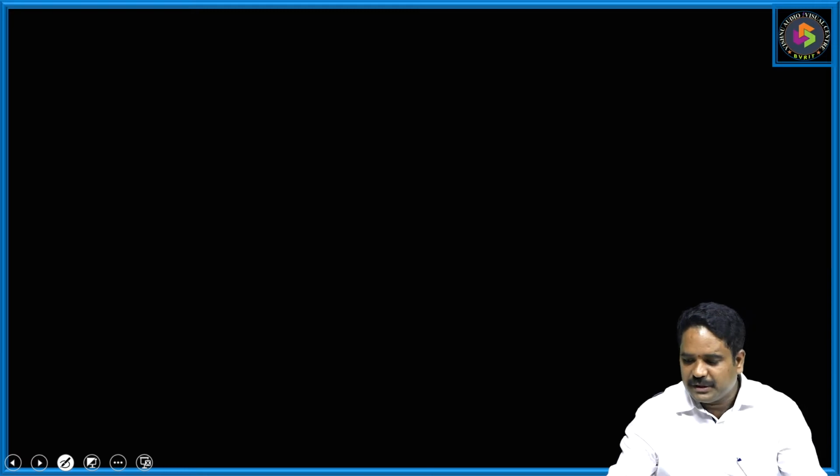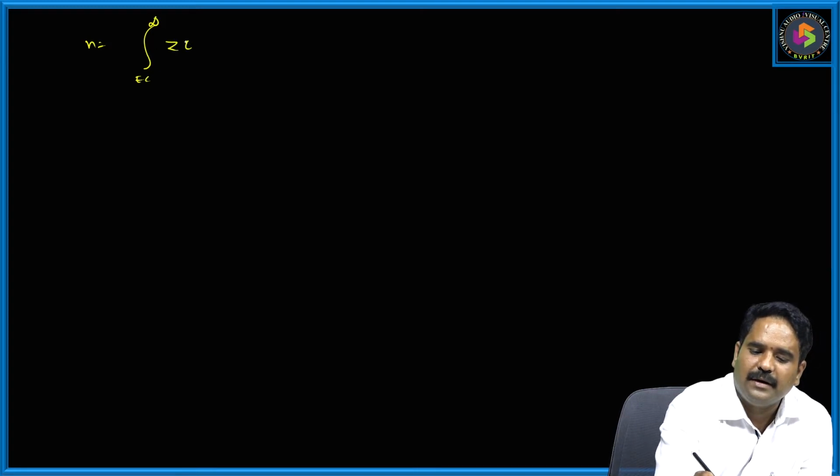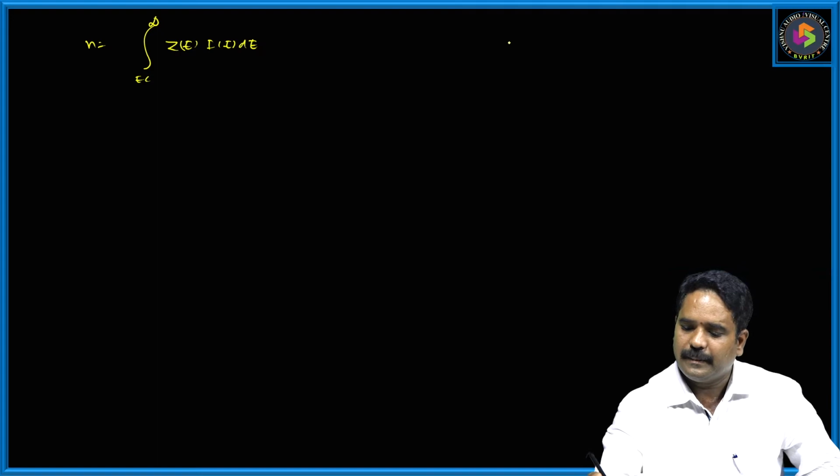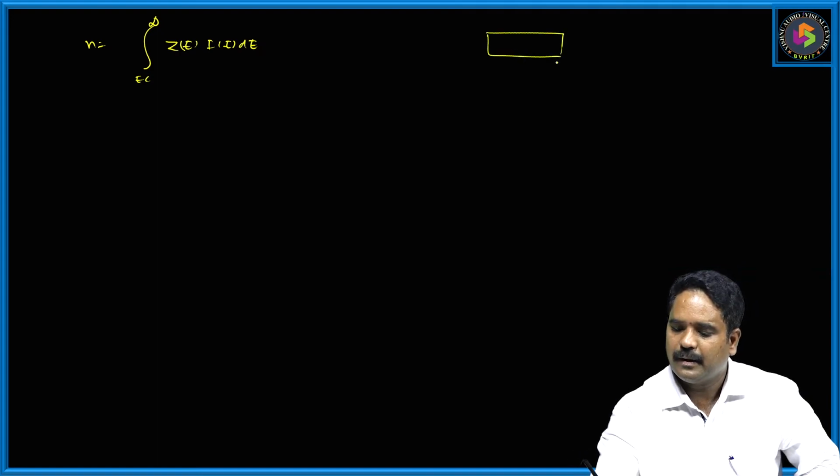So we'll start the derivation now. First, n is equal to the integral from EC to infinity of Z of E into f of E into dE. But we have to integrate this. Here this is the conduction band and this is the valence band.